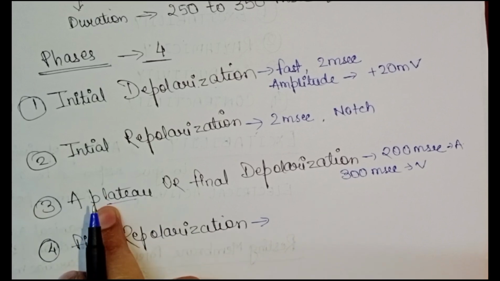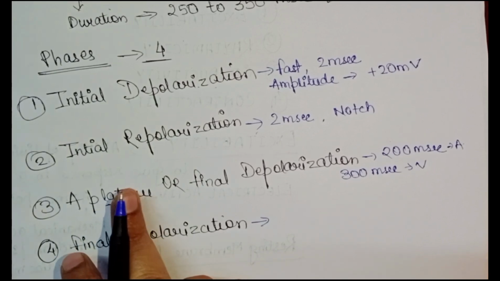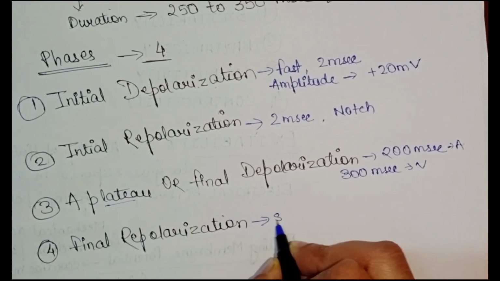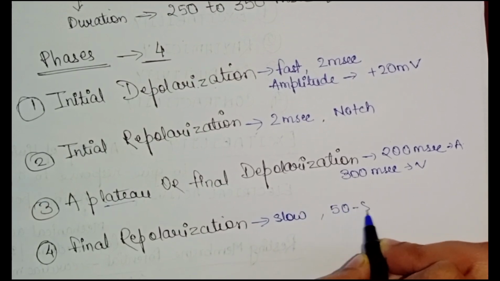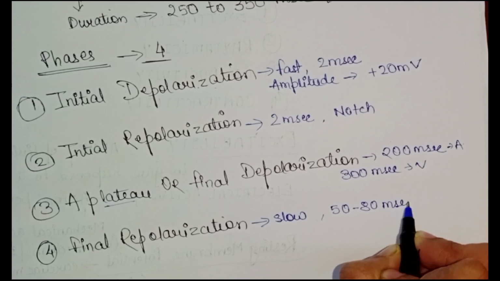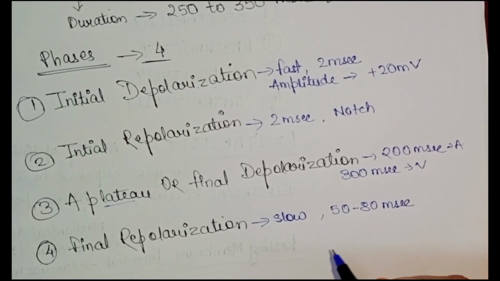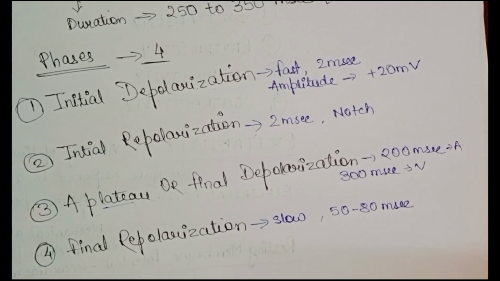Talking about the final repolarization, it occurs after the plateau, and it is a slow process that lasts for about 50 to 80 milliseconds before the re-establishment of resting membrane potential.